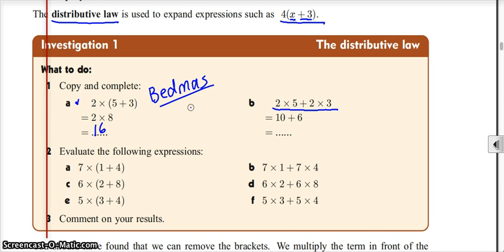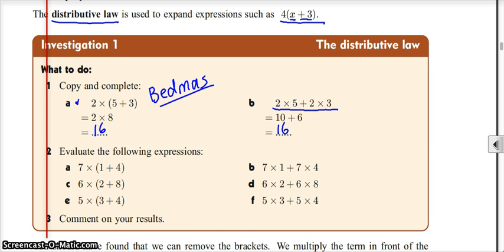It's the multiplication which happens before the addition, so it's the multiplication of this and the multiplication of this before we do the addition. 5 times 2 is 10, 2 times 3 is 6, 10 plus 6 gives us 16. What do you notice? We get the same answer to these problems.